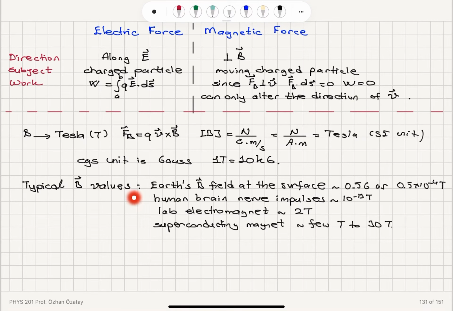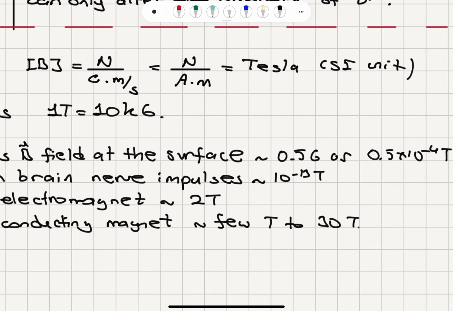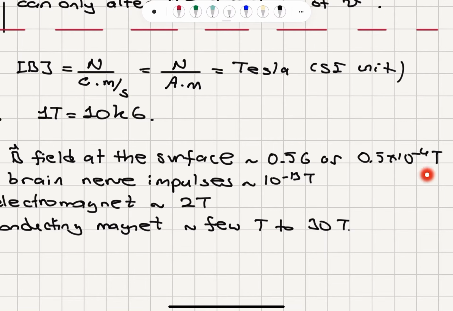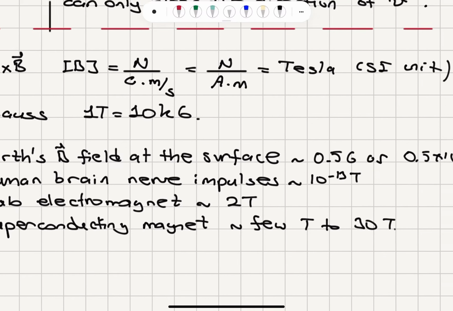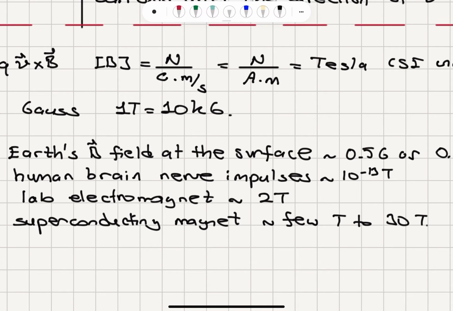What are the typical magnetic field values? Earth's magnetic field at the surface is about 0.5 Gauss or 0.5 times 10 to minus 4 Tesla. The impulses that go through our nerves in the human brain create a magnetic field of the order 10 to minus 13 Tesla.